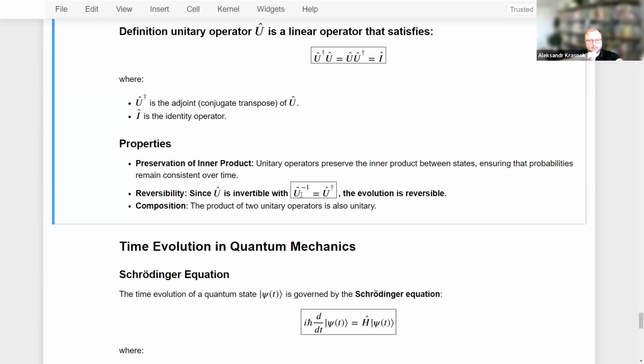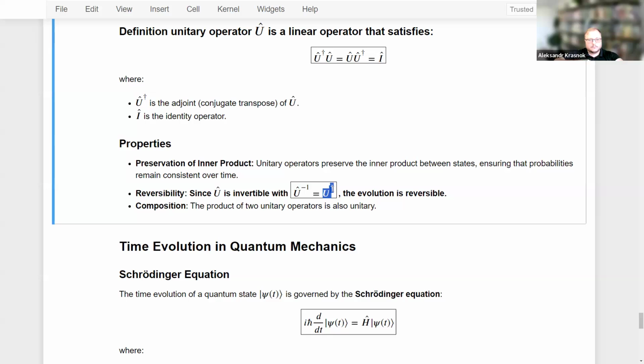And the fact that this inverse operator, which restores the system back to its original state, equals the operator dagger means that this operation is time reversible.